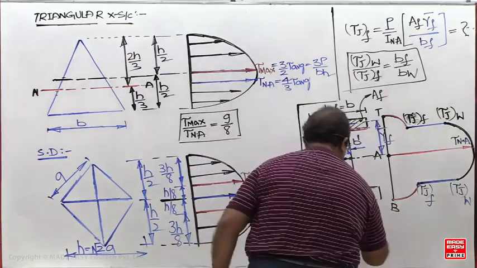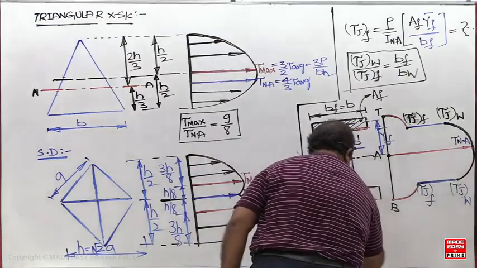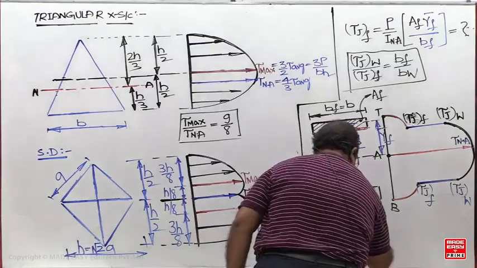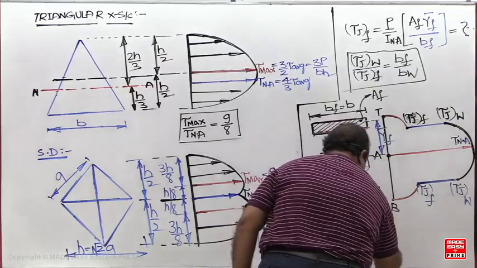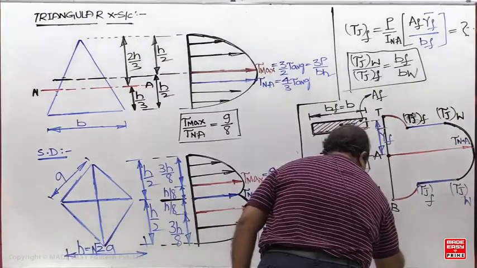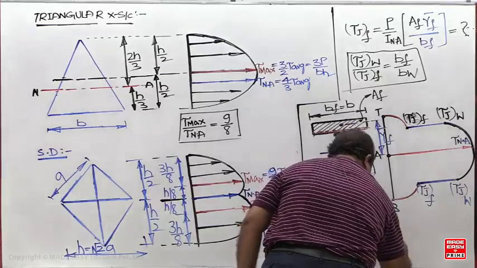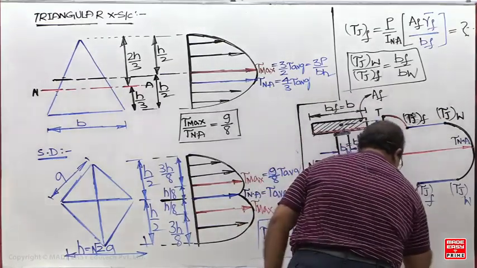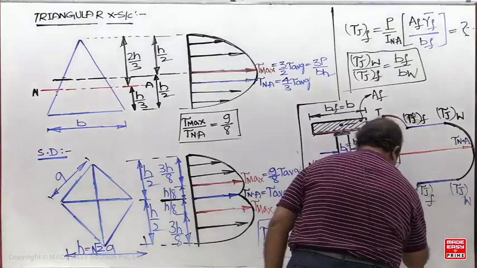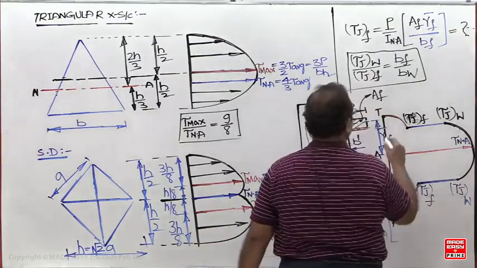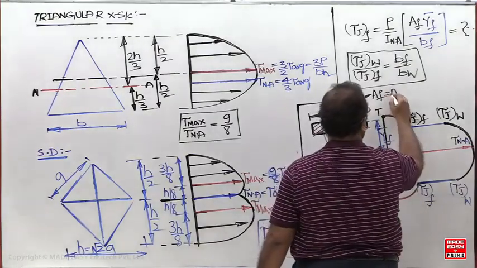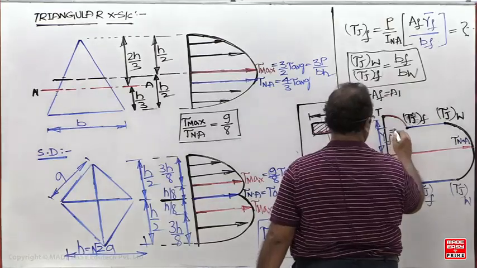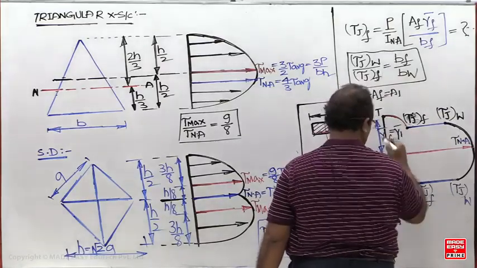Similarly, how to find out the shear stress at the neutral axis? P by I. First you have to find out the moment of inertia about the neutral axis. I am calling this A1, and this is Y1 bar. So what should I write?